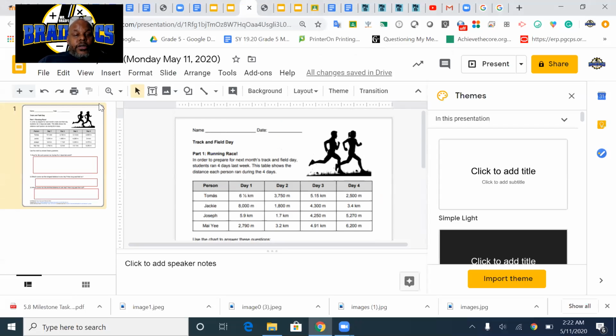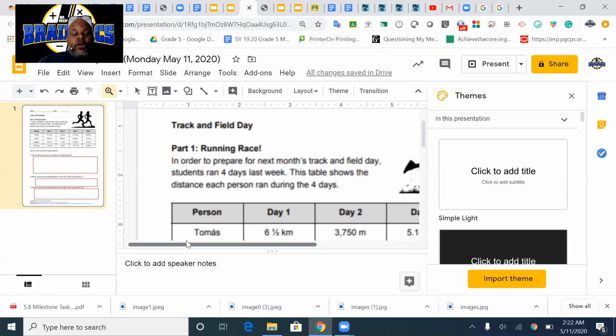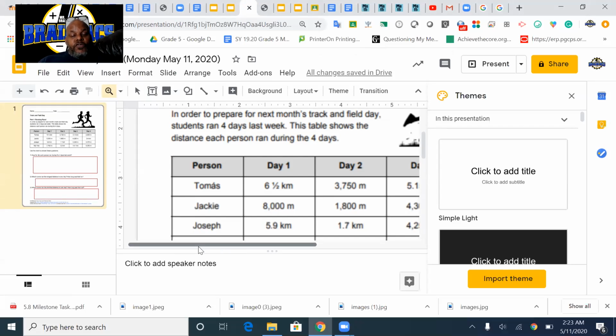Today's homework is also track and field. And look at what it says. It says, in order to prepare for next month's track and field day, students ran 4 days last week. This table shows the distance each person ran during the 4 days.